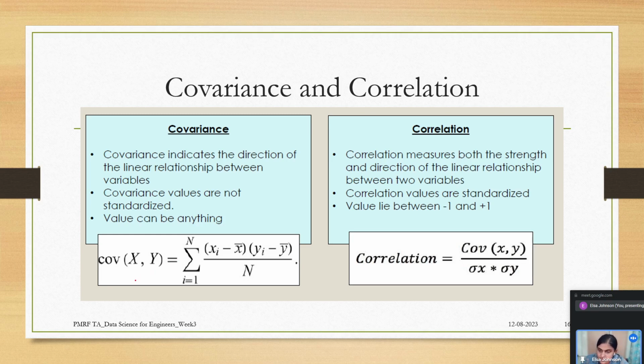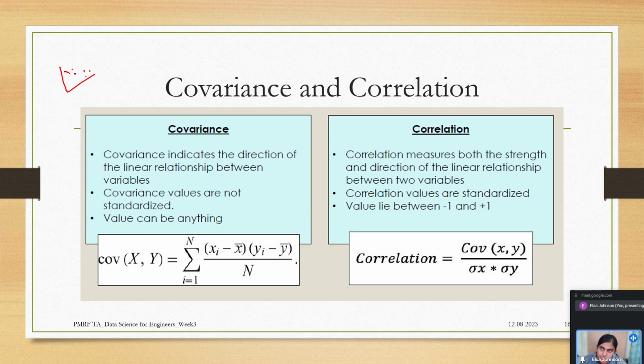But if you get a negative value, it means that when one variable is high, the other variable will be low. Those are the cases where the scatter plot will show a relationship like this.